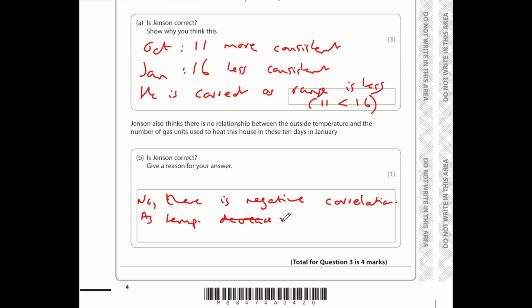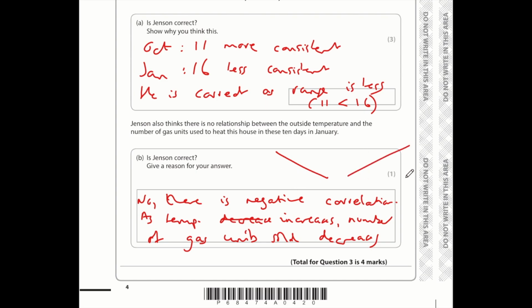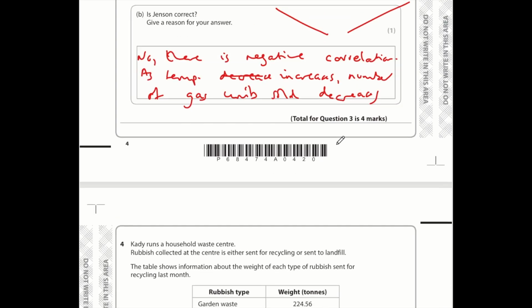So as the temperature increases, the number of gas units sold decreases. So you need to remember, for negative correlations, a line going down, as one value goes up, the other value goes down, as opposed to positive correlation, which would look like that, which means as one value goes up, the other value goes up as well.